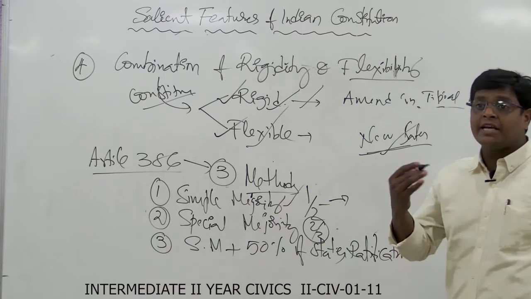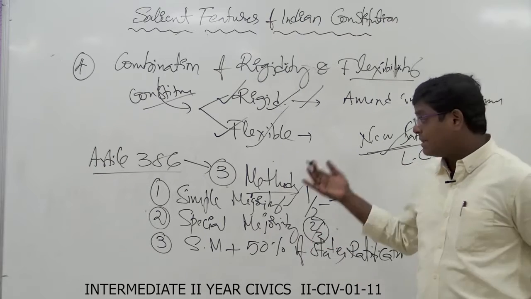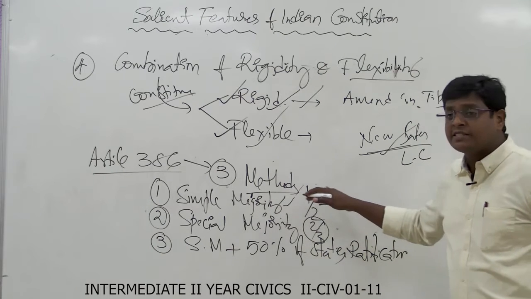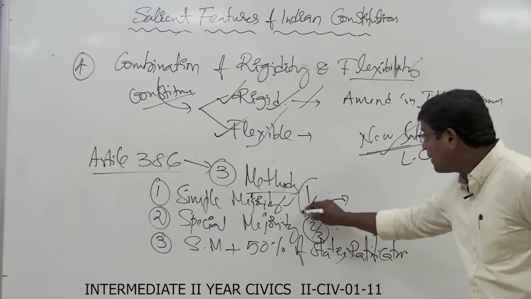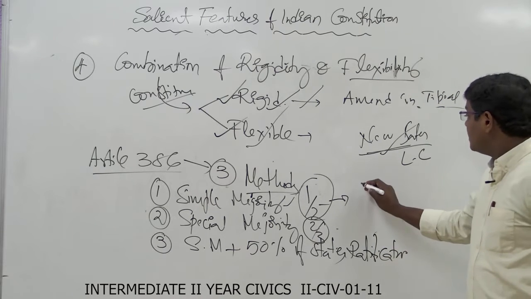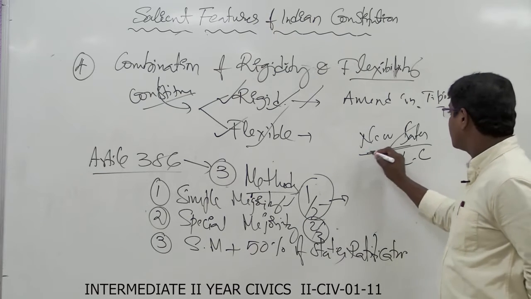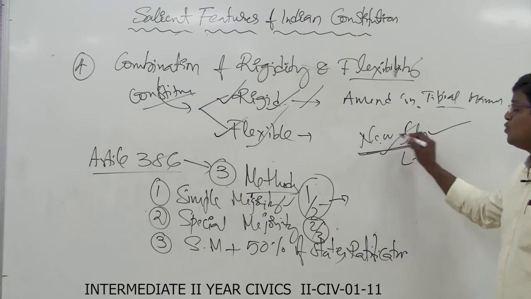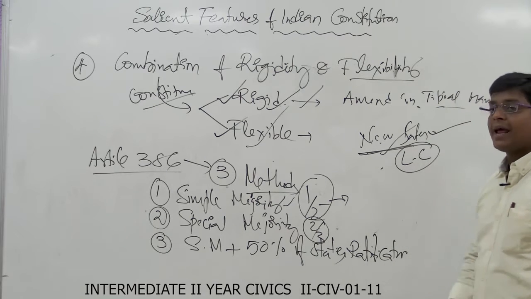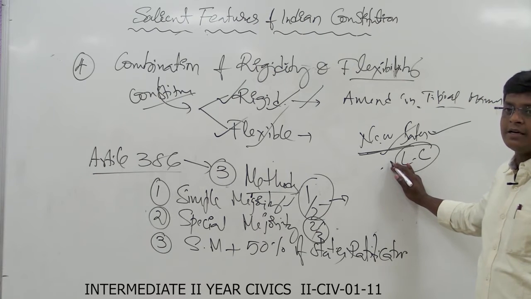At the same time, creation and abolition of legislative councils come under simple majority. Simple majority requires 1/2 majority in both houses separately.